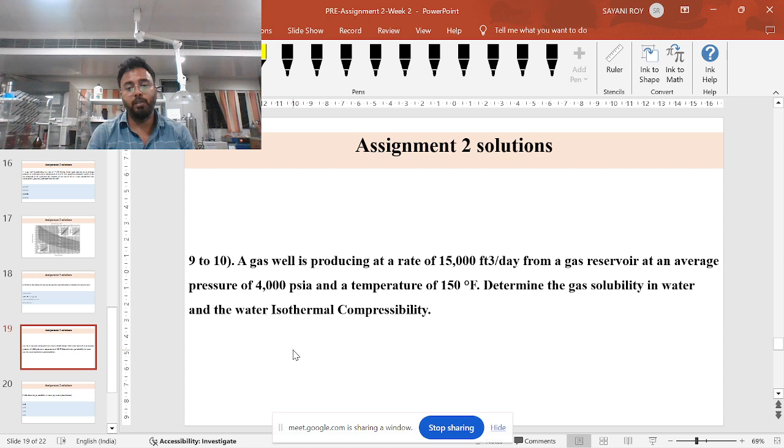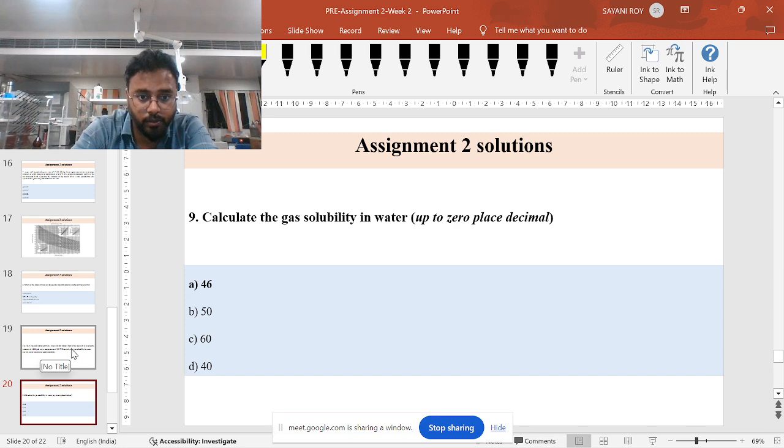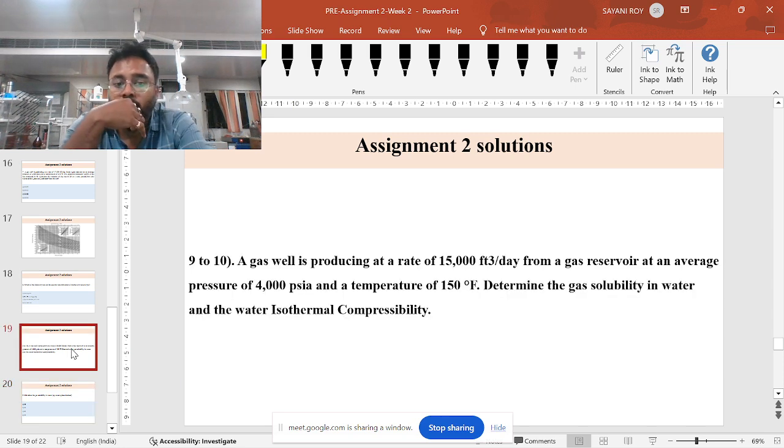Determine the gas solubility in water and the water isothermal compressibility. Write down the question. We have to find two things here: first, the gas solubility in water, and next is the water isothermal compressibility.